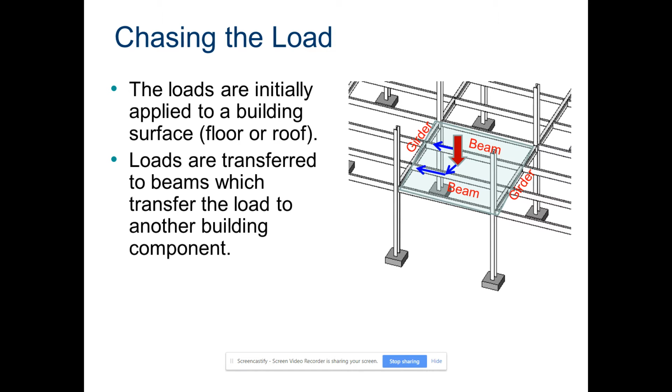Now, the beams transfer that load to the girders, which in turn transfer the load to the columns, down to the footing, down to the foundation, down into the soil, which is why soils and foundation design are very important. We will look at that subsequently.